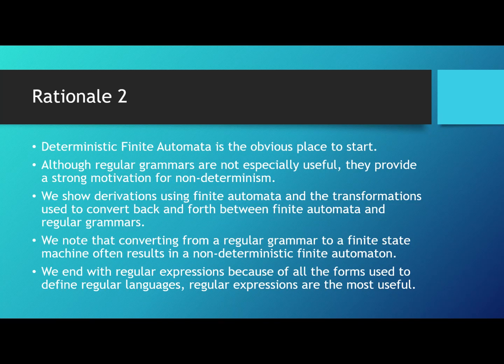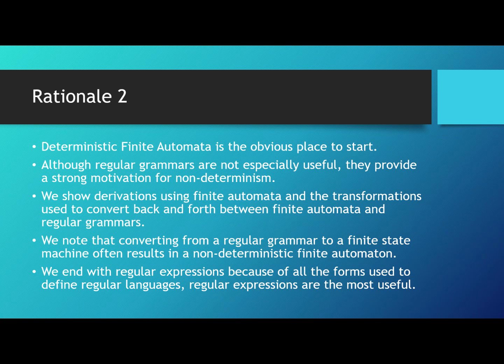Now, continuing with our rationale, starting with deterministic finite automata is simply the obvious place to start. And although regular grammars are not especially useful, they provide a strong motivation for non-determinism. That's why we cover them second. We show derivations using finite automata and the transformations used to convert back and forth between finite automata and regular grammars.